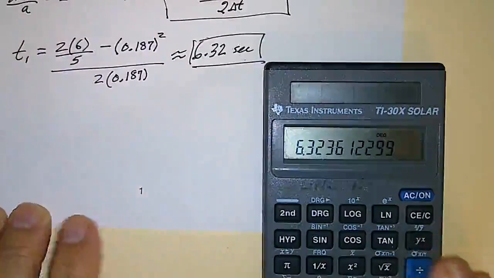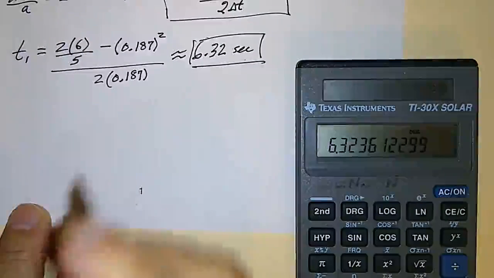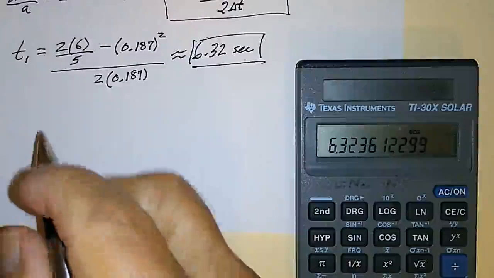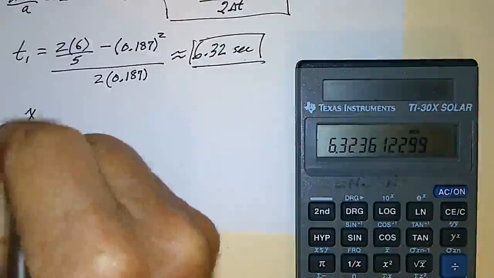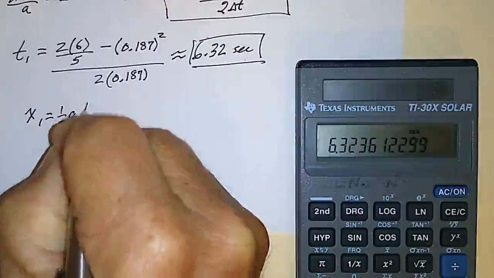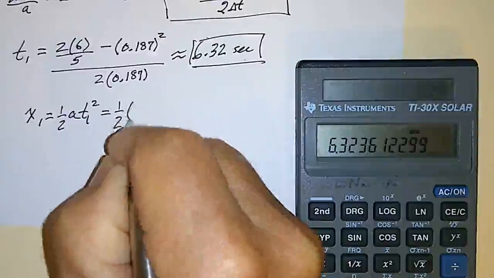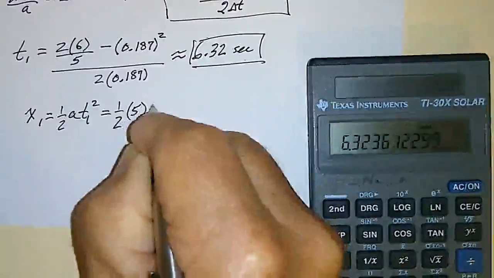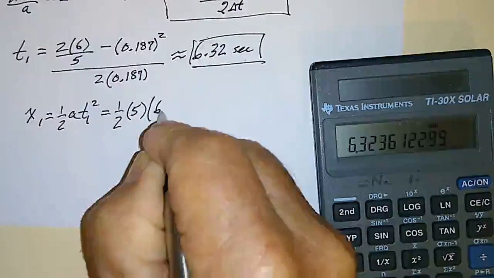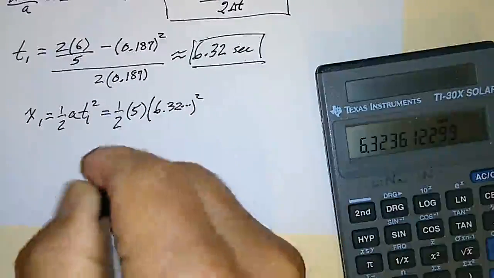Okay, so now we need to use that number in order to calculate x1, and that's just a matter of plugging into this equation. x1 is equal to 1/2 a t1 squared, so that's equal to 1/2 times a, which is 5, times t1, which is 6.32 plus some digits, squared.